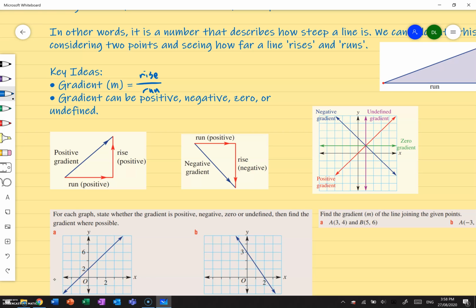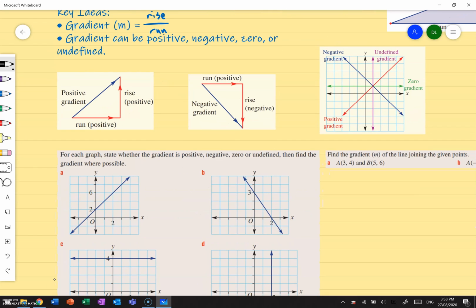So in this case, I'm going from left to right. Remember, always look left to right. I am going up as I go to the right, so that means it's going to be positive. If I go from the left to the right and it goes down, like in this case, then it's going to be negative. For example, identifying this one over here, going from left to right it's going up, so this one's going to be positive.